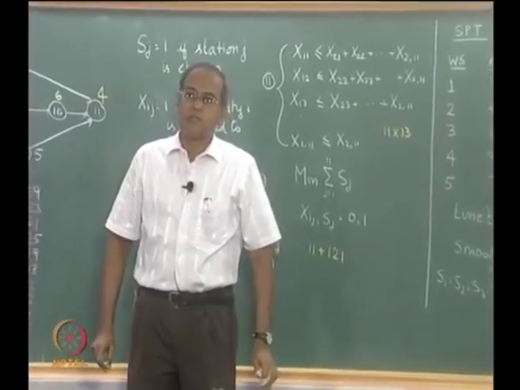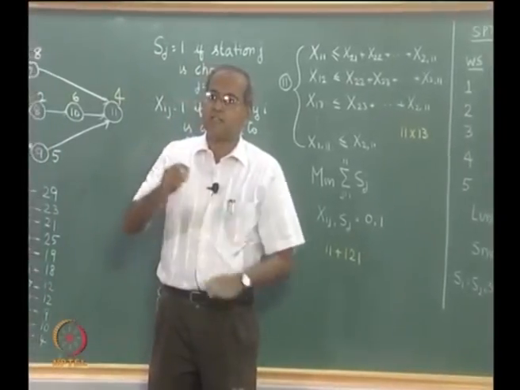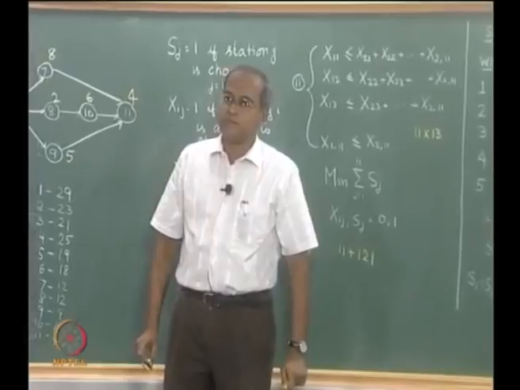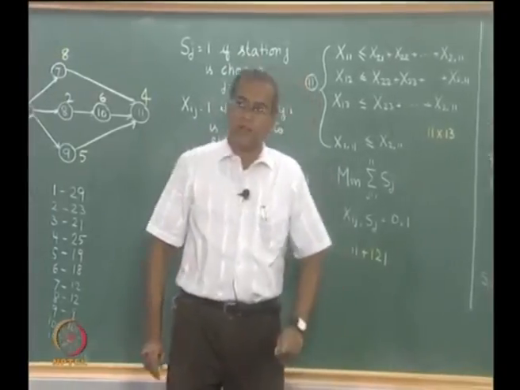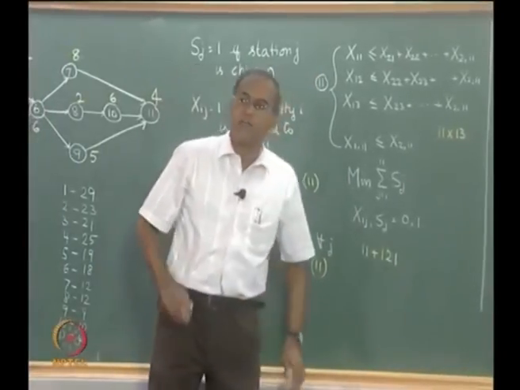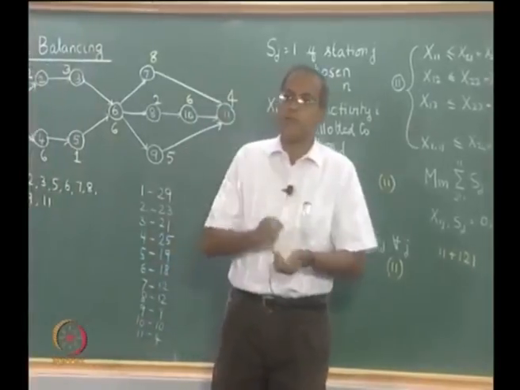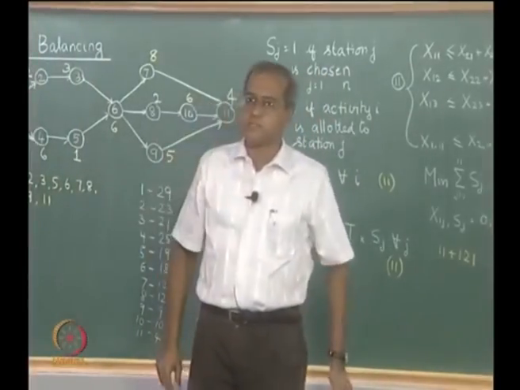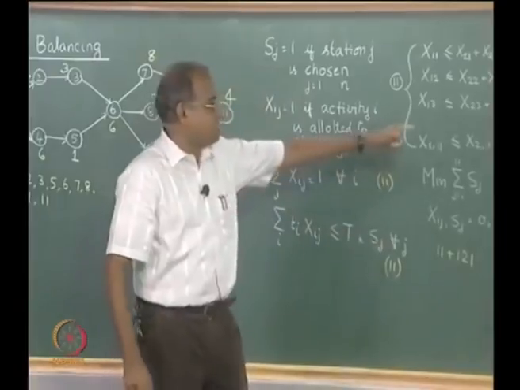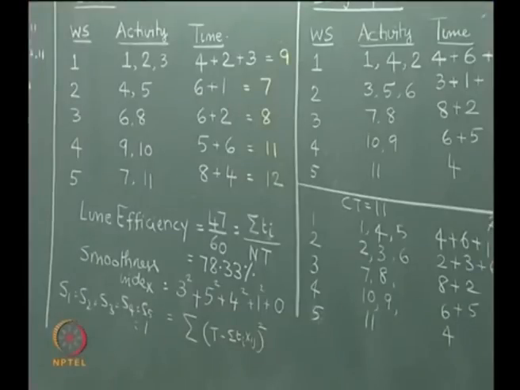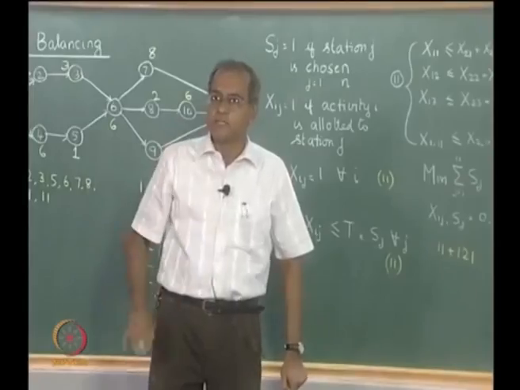So the optimum solution can have 5 workstations or less. So what I will do is, I will now try and solve to find out if there is an optimum solution with 4 workstations, because already I have a feasible solution with 5 workstations. So I will try and see if I can have an optimum solution with 4 workstations.